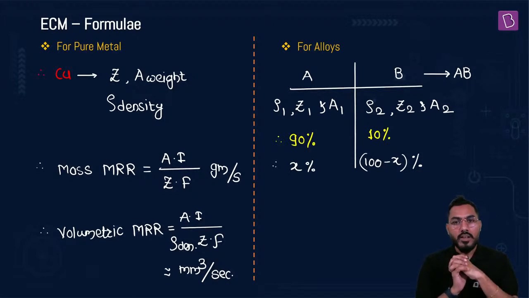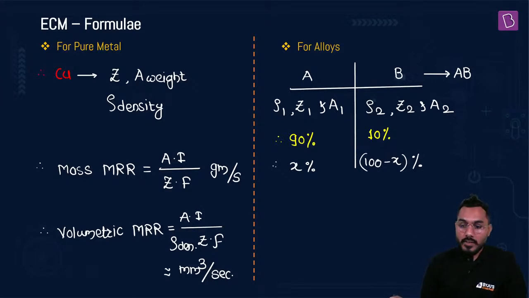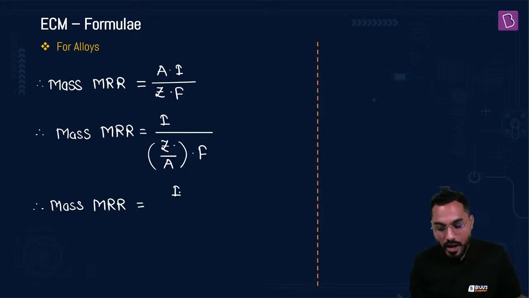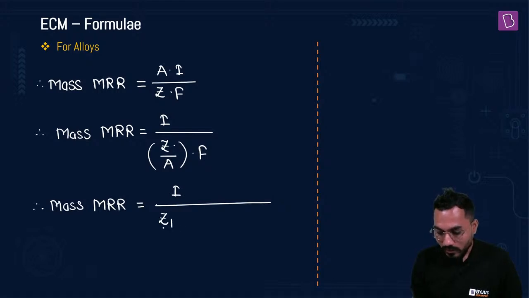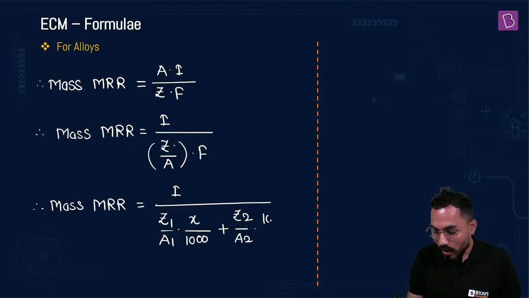So if A is X percent, B will definitely be 100 minus X. Therefore, the weighted average can be written as I divided by Z1 divided by A1, into X divided by 100, plus Z2 divided by A2 into 100 minus X divided by 100.